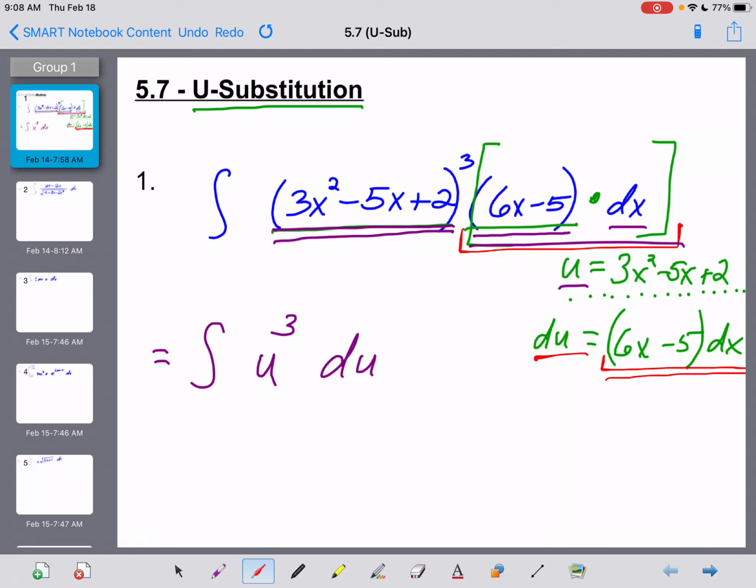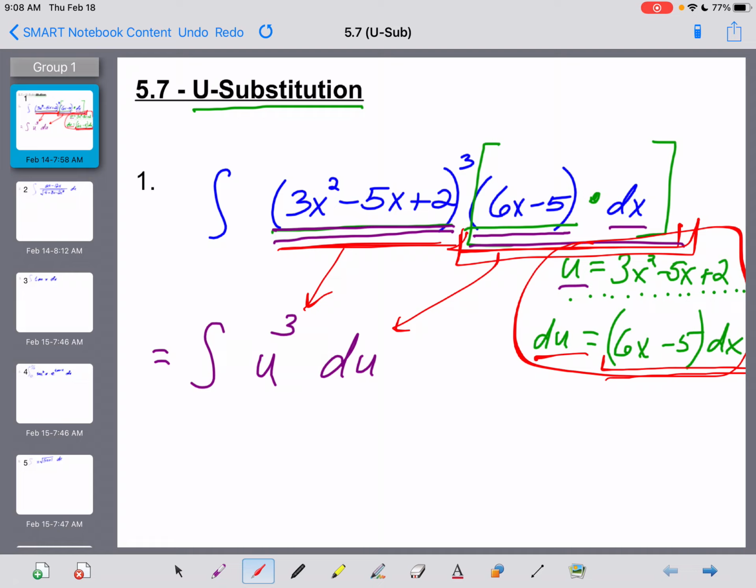Again, let's be clear on what we've accomplished. The integral just came right down. The 3x squared minus 5x plus 2 quantity cubed became U cubed. And the 6x minus 5 dx got replaced with du, and all of that information came from this little bit of work I did in green over here on the right.